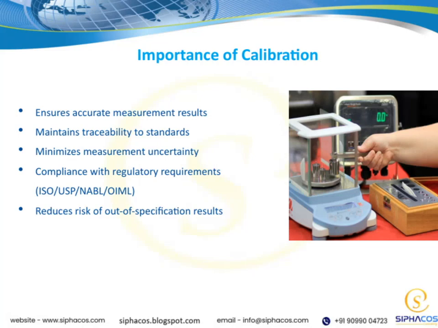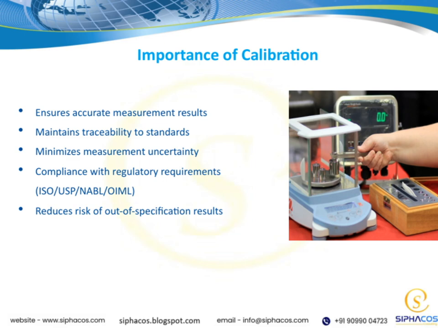Ensuring accurate measurement results is absolutely essential in our work. When we calibrate properly, we maintain traceability to recognized standards, which helps us verify that our measurements are reliable and consistent over time. This also plays a crucial role in minimizing measurement uncertainty, giving us confidence that our data is precise.